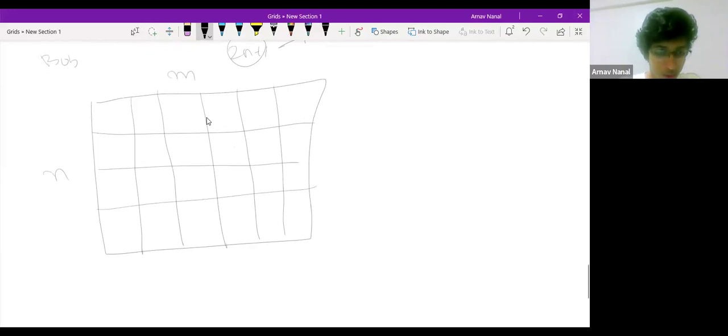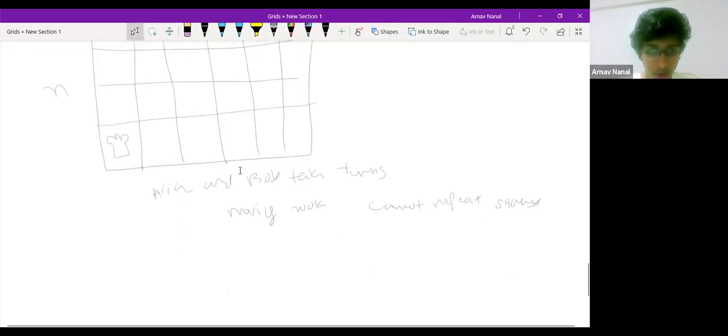There is a rook placed at the corner square, and at every turn, Alice and Bob take turns moving the rook. Everyone knows how a rook moves, right? The rook cannot visit places it has already visited, so squares cannot repeat. And the player who cannot make a move will lose.